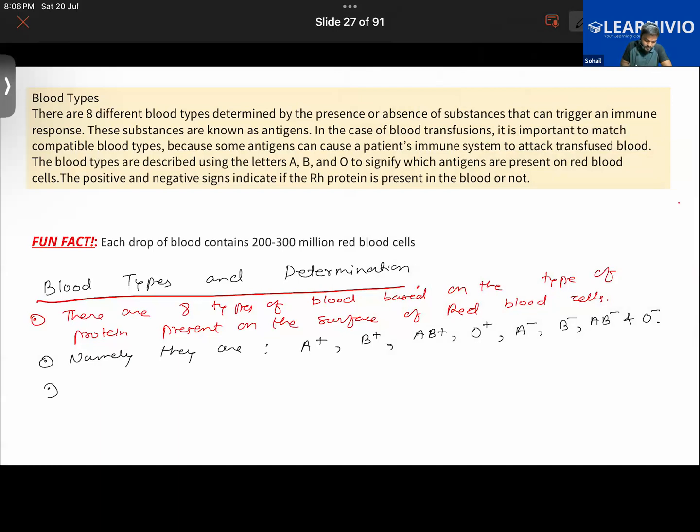Furthermore, you will be writing down the type of antigen present determines the type of blood group.